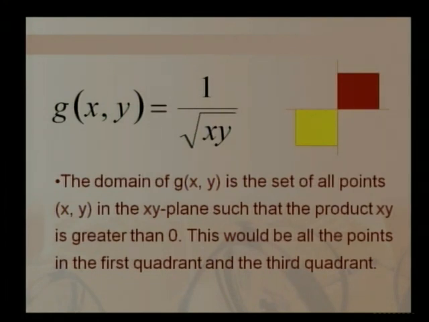So in real numbers, the square root of a negative number is not possible, and for 0 it will be infinite. So for positive x and positive y, xy remains positive. Similarly for negative x and negative y, again the product xy remains positive. So the domain of this function will be the first quadrant and the third quadrant shown in the figure.